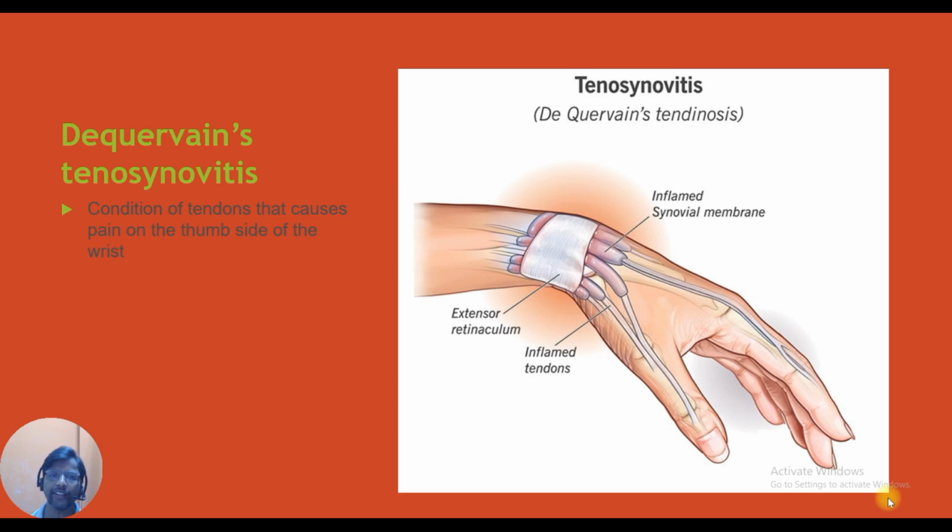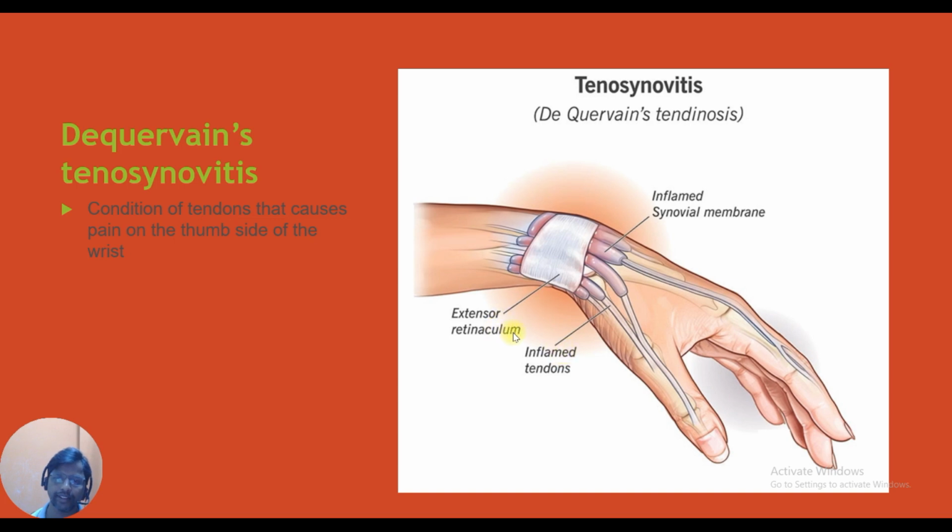Next one is De Quervain tenosynovitis. Basically it is the inflammation of the synovial membrane of the tendon. This is the inflamed synovial membrane. This is the extensor retinaculum, which is the thick tissue that binds these membranes, and these are the inflamed tendons.